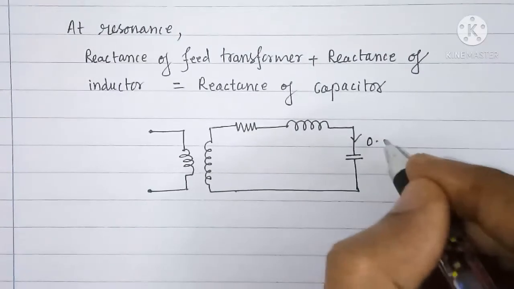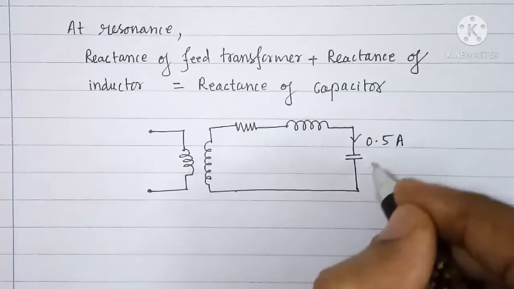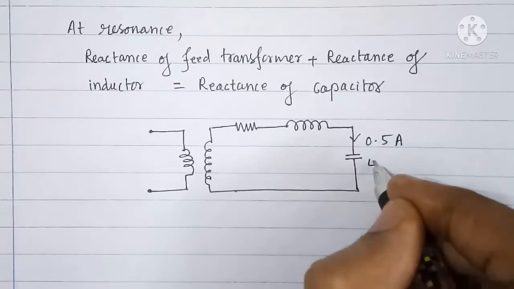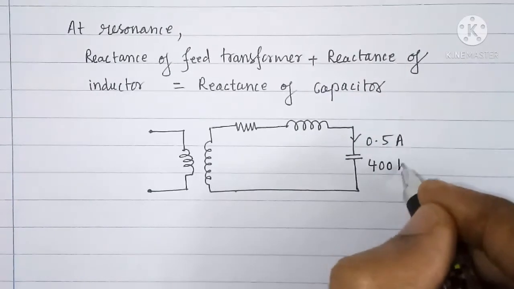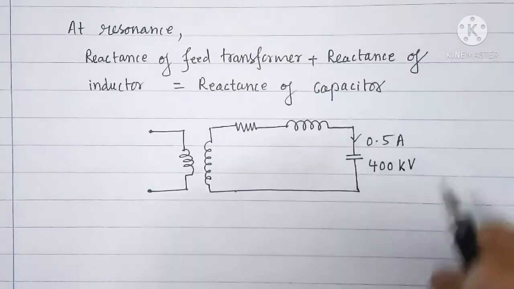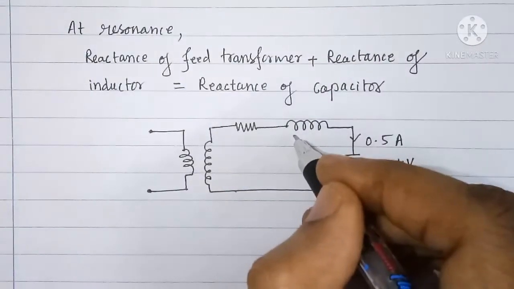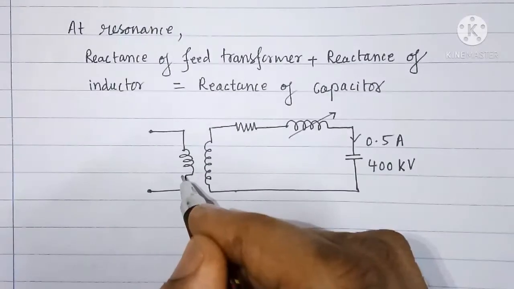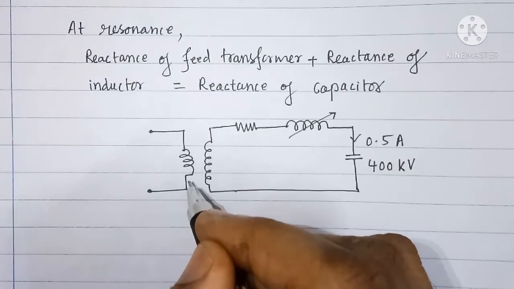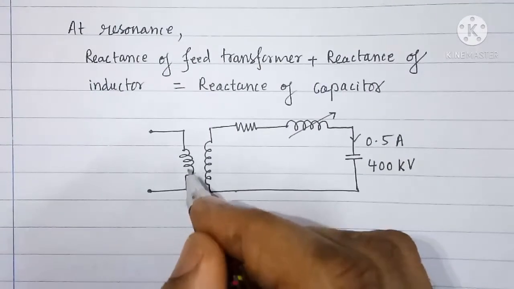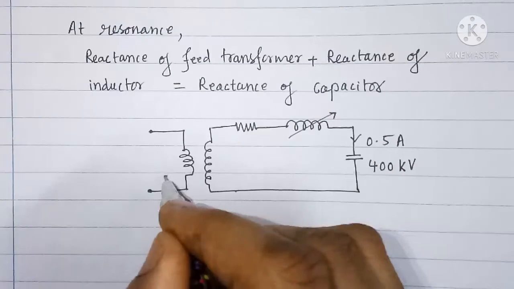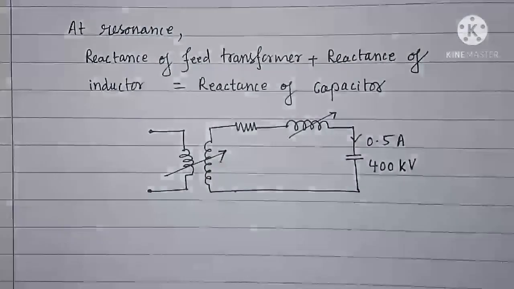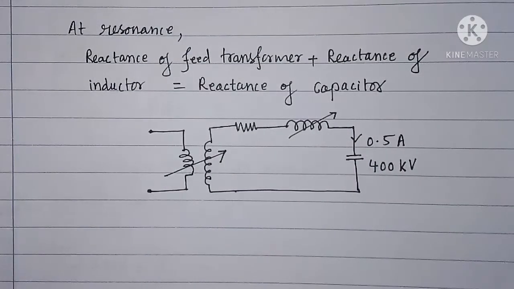Current through test specimen is 0.5 ampere. Voltage across test specimen is 400 kV. We have to adjust XL such that we get resonance. Feed transformer may be shown with regulating transformer also by having an arrow mark over it.